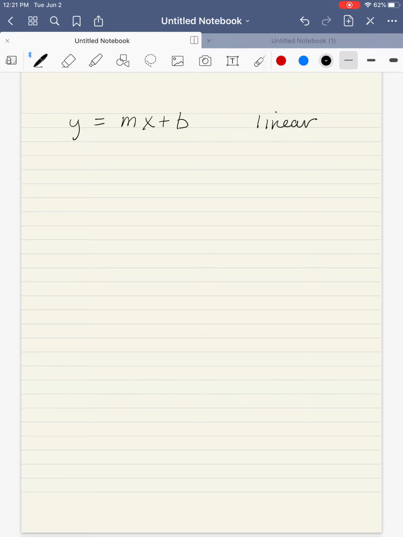The graph will be a line because x is to the first power and y is to the first power. We know that m, the number being multiplied by the x, is the slope, the steepness or rate of change. And we know that the b is the y-coordinate of the y-intercept.